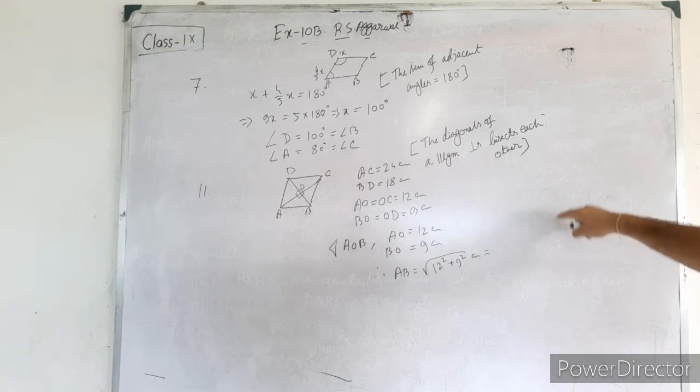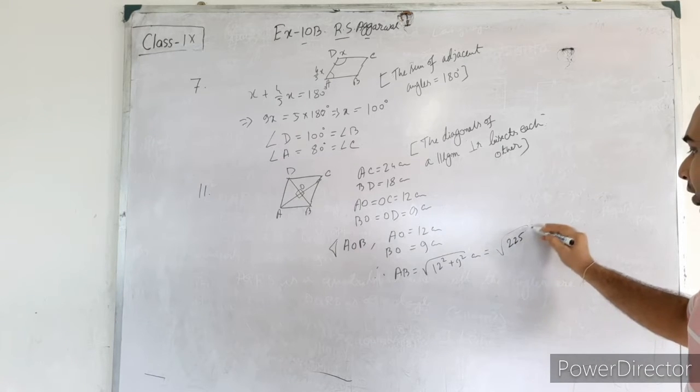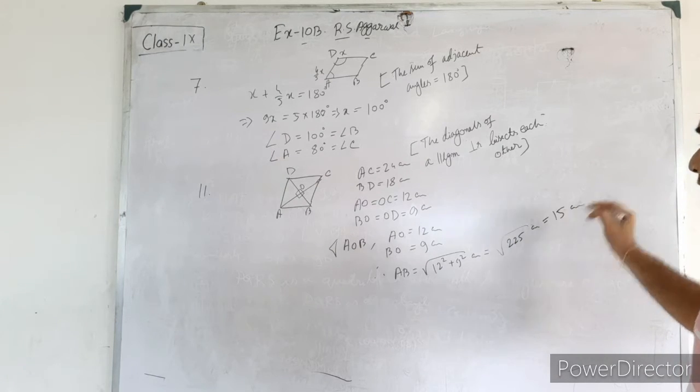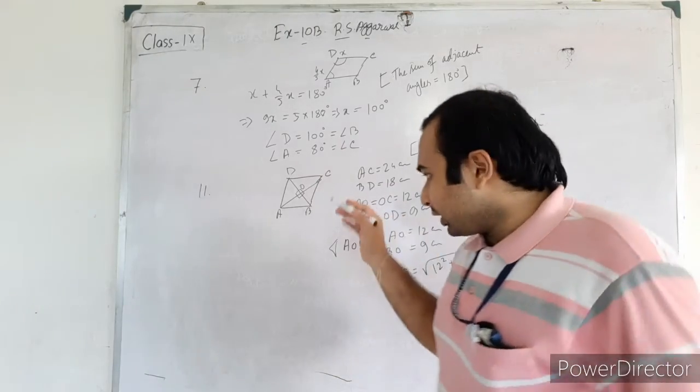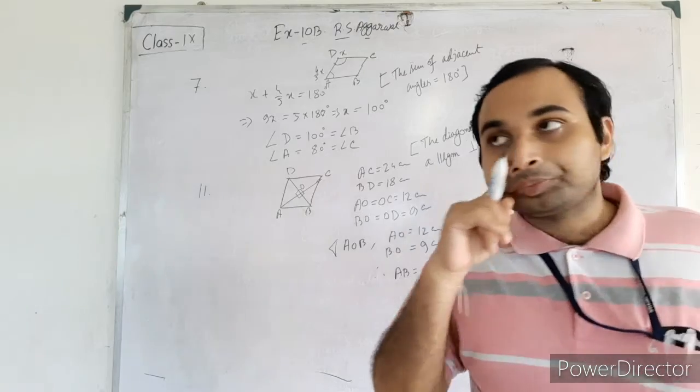It is 144 plus 81, which is 225, so it is 15 centimeters. All the sides of this rhombus equal 15 centimeters.